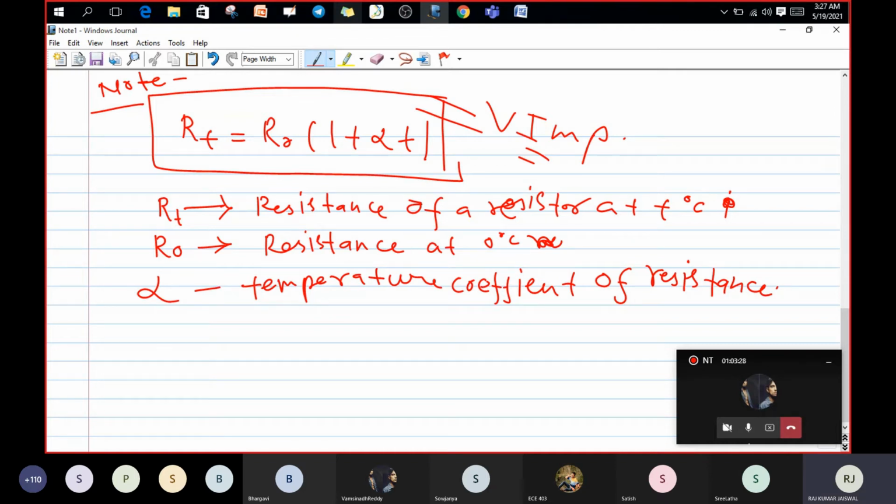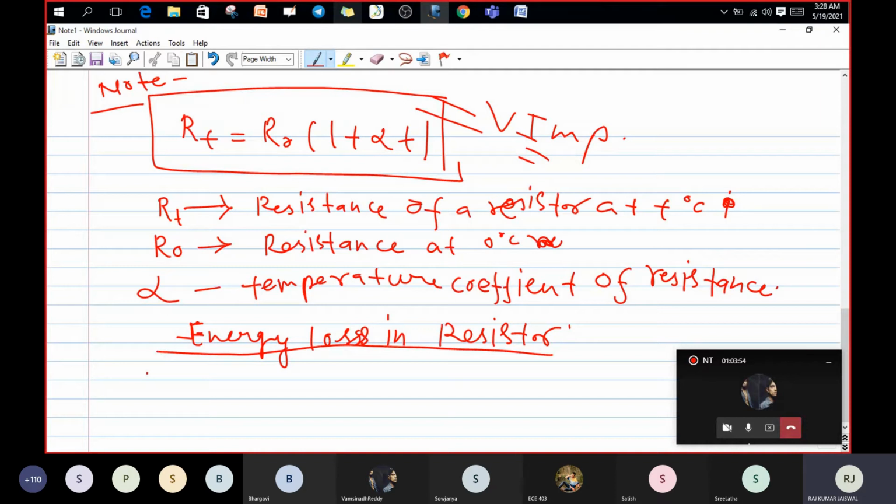Other than that, one more formula is there which we have to write, and I think you already know it from class 12th or class 9th. Energy loss. What is the energy loss in a resistor? That is nothing but, you know already, E equals I square RT.